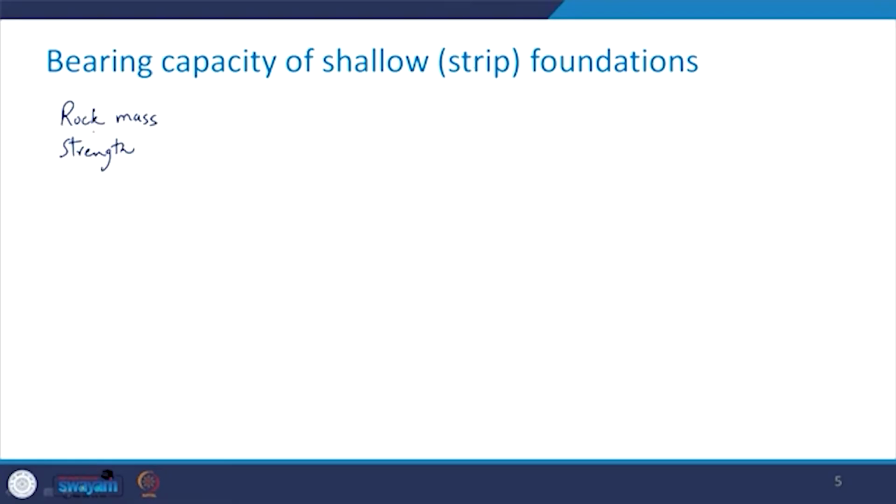So, let us say that we take a very simple example and use this Bell's approach and try to get the bearing capacity of this shallow or the strip foundations. In case of the strength of the rock material, I assume that it is following the Mohr-Coulomb failure criterion, and therefore we are going to get this expression.